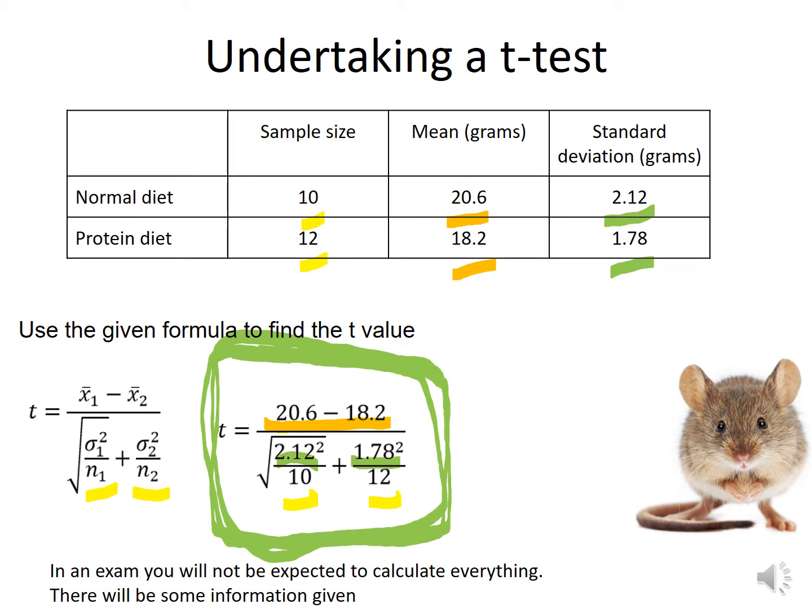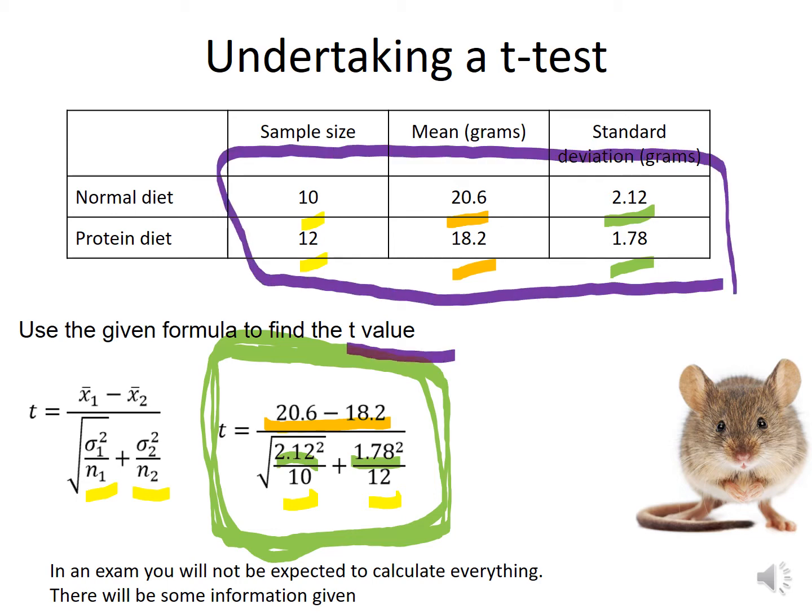So the exam board assume you know how to use a calculator, and that you have a scientific calculator, and that you will round at the very end. And on that point, most of the time, it will ask you or tell you how many decimal places to do it to. Okay, so once you've plugged all of these numbers into this equation, you can then just work it out.